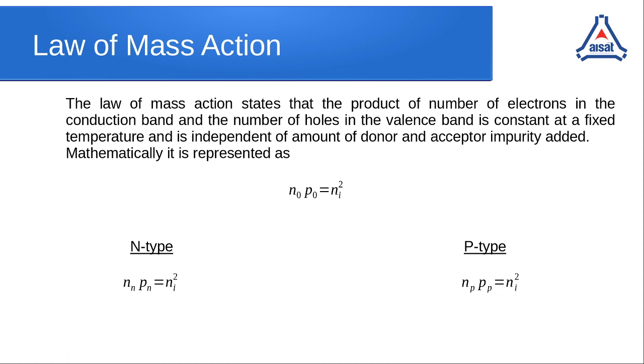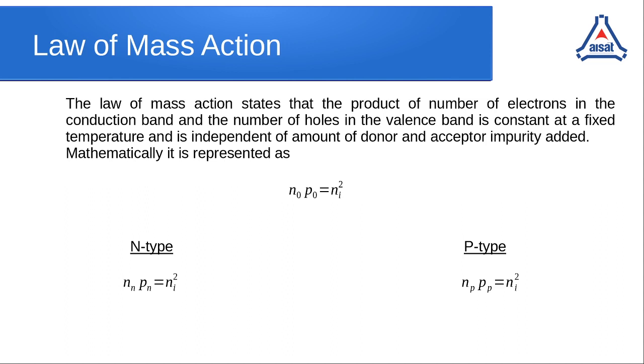If we rewrite the same equation of the law of mass action for n-type, we just make a slight change as n suffix n into p suffix n is equal to Ni square. N suffix n means the number of electrons and p suffix n is the number of holes for the n-type semiconductor. And we know for n-type semiconductor, electrons are the majority carriers.